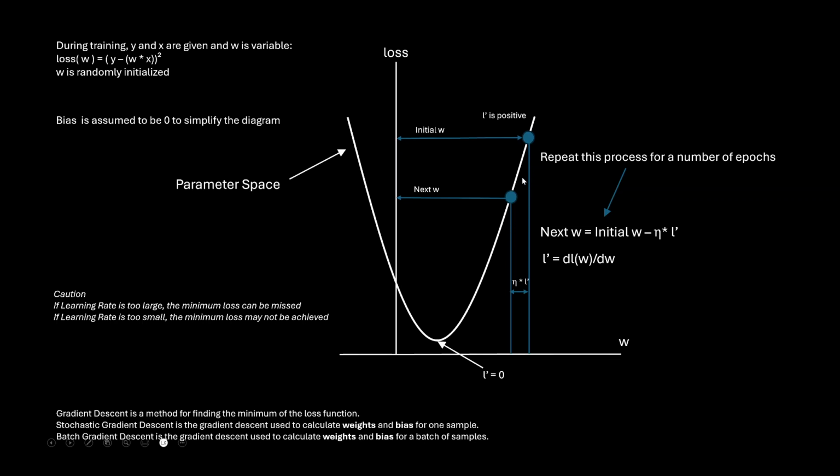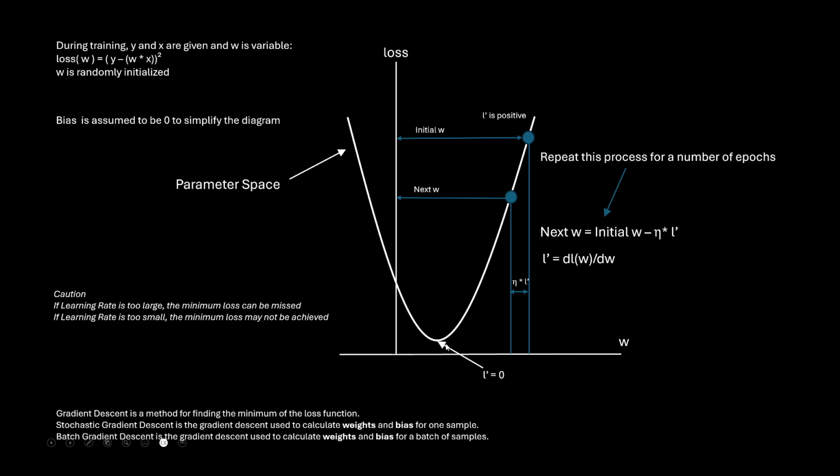So in two-dimensional space, the gradient descent is nothing but the derivative, and we are using the derivative to find the minimum value of the loss function. In three-dimensional space and above, we call it the gradient descent. And it's the method to find the minimum of the loss function.